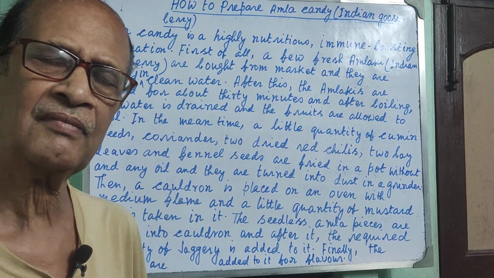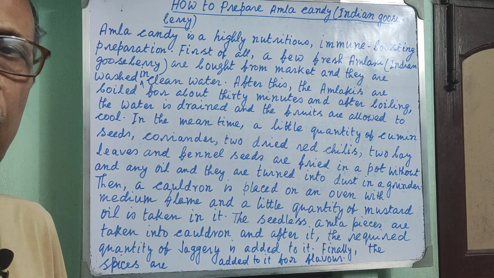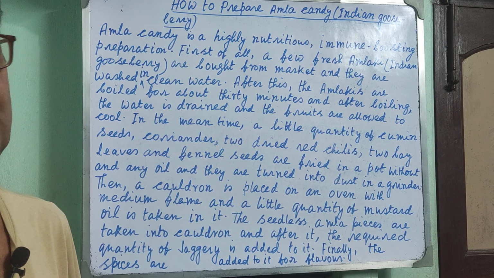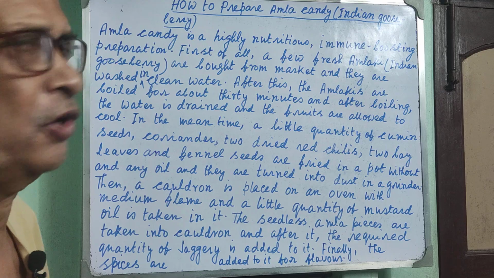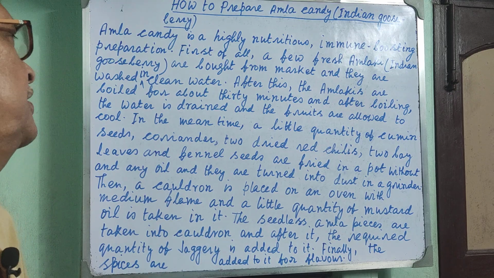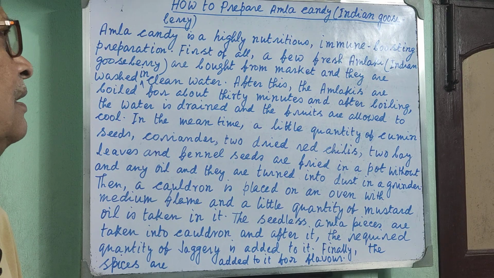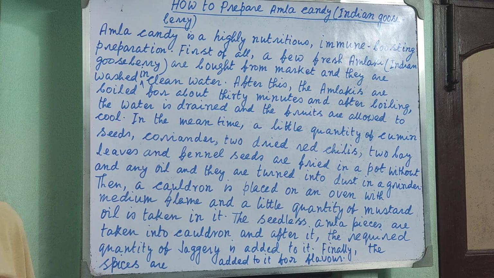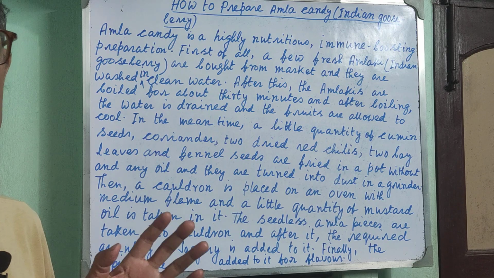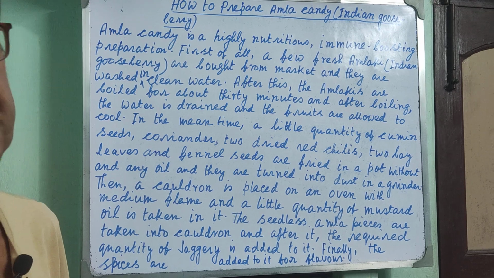So I have picked up for your examination how to write a flow chart. And tonight, I have selected how to prepare Amla candy, the English meaning of which is Indian gooseberry, that is Indian gooseberry candy or Amloki candy.